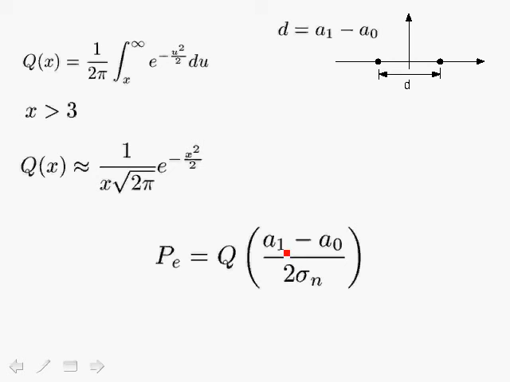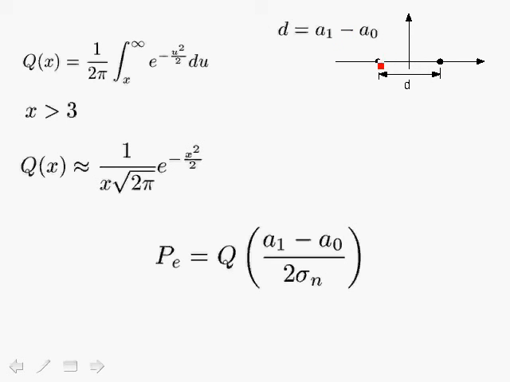As A1 minus A0 becomes larger, let's refer to this diagram here. Here we have the case for A0, and here we have the case for A1. Recall that A1 was received when we sent s1 equal to plus 1, and A0 when we sent s0 equal to minus 1.